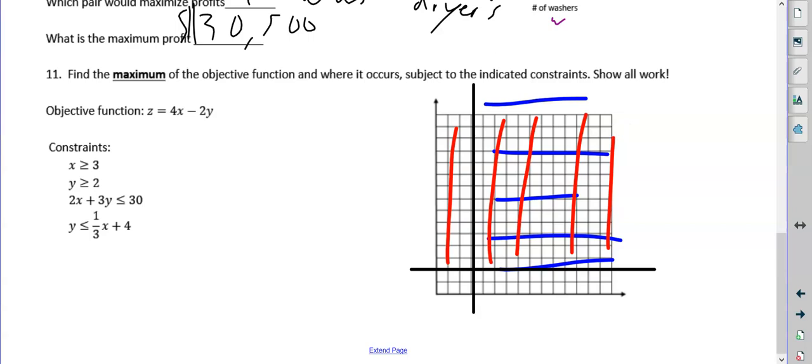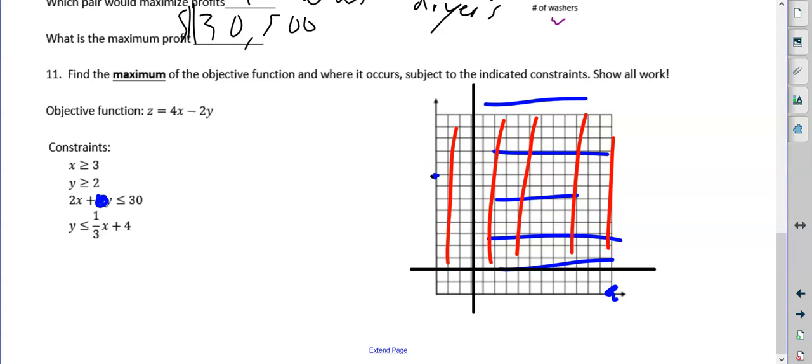2x plus 3y is less than or equal to 30. So I'm going to use the cover up method. Y is 10. 1, 2, 3, 4, 5, 6, 7, 8, 9, 10. X is 15. 1, 2, 3, 4, 5, 6, 7, 8, 9, 10, 11, 12, 13, 14, 15.